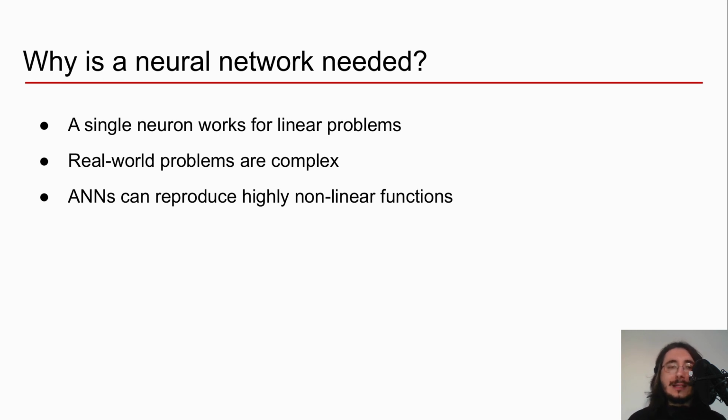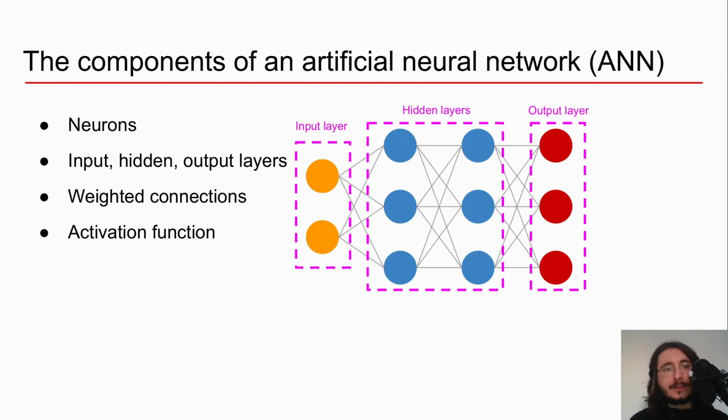But if you're dealing with more complex problems, like real world problems where there's a lot of non-linearity, a single neuron is not going to cut it. You're going to need a network of neurons which work together. And so artificial neural networks can reproduce highly nonlinear functions and can help us solve highly nonlinear problems.